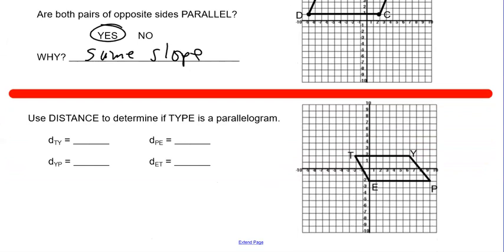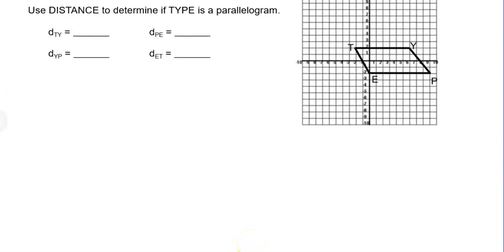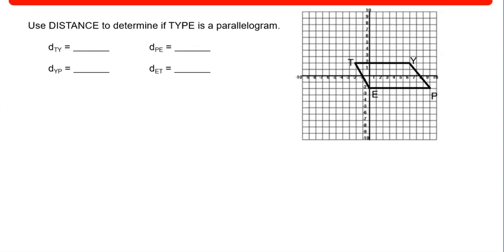Now, use the distance formula. This is a new one, so we're going to do our little cheat on this one, our little shortcut. Now, TY and EP are easy. You can just count. 1, 2, 3, 4, 5, 6, 7, 8. 1, 2, 3, 4, 5, 6, 7, 8, nine.